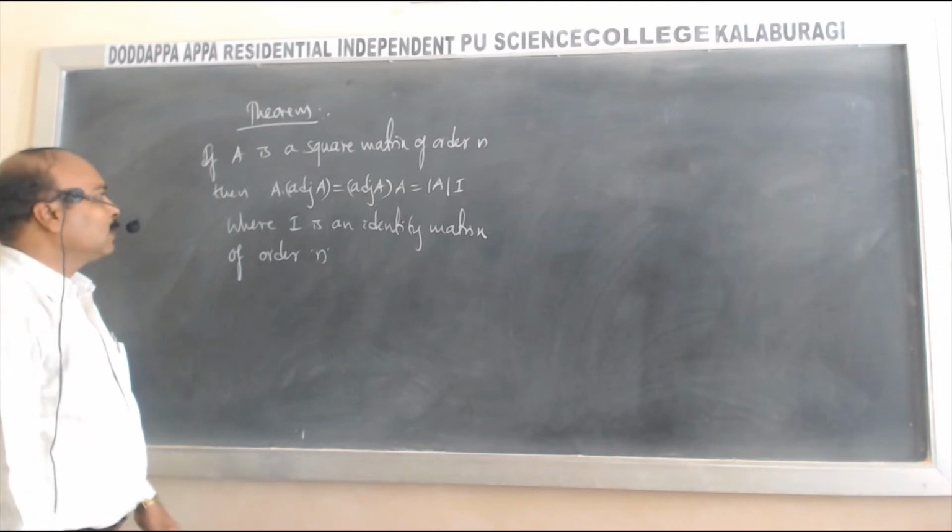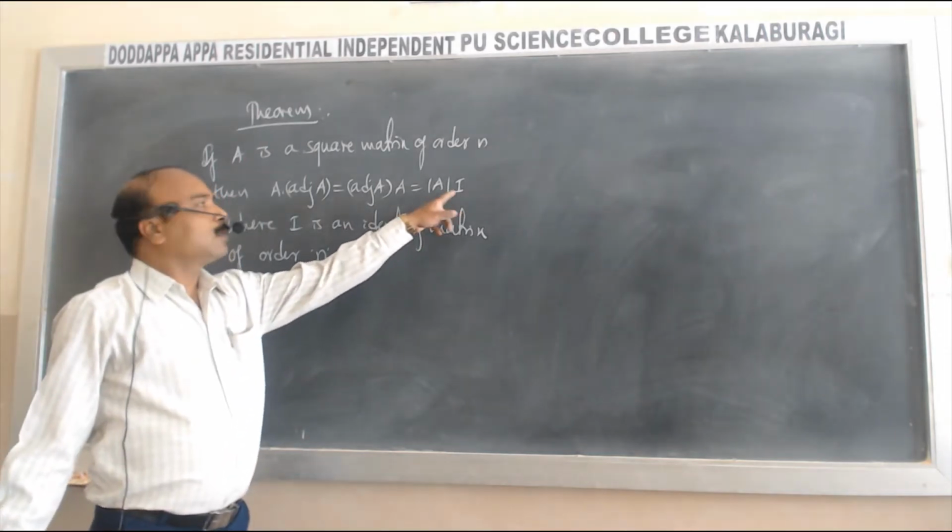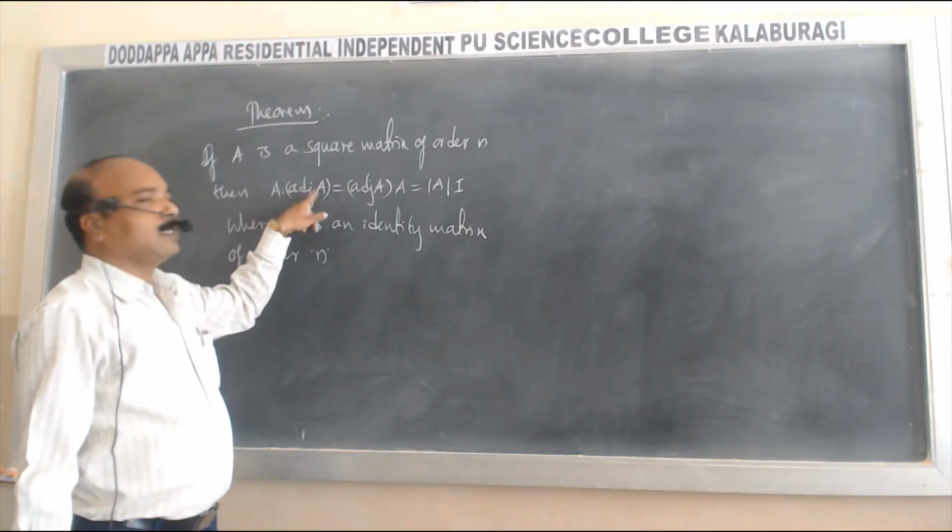That is, we consider the identity matrix order as same as that of the given matrix A.